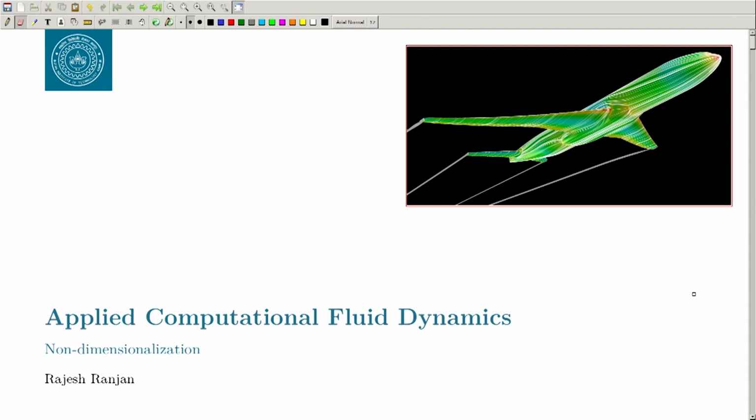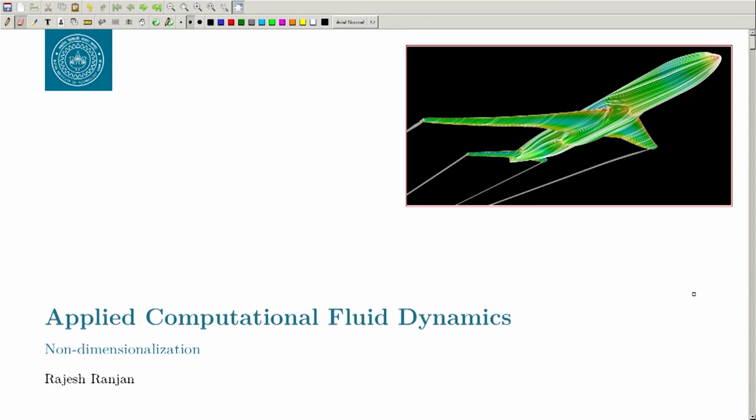You will get some result from the wind tunnel, but how do you make a relation with what is happening in your real flight situation? There must be some number that is governing the dynamics, so that you can say that what is happening in this model must also be happening in your real prototype. We will look into that.